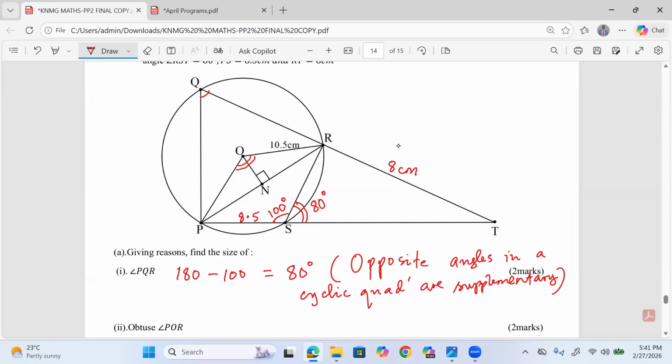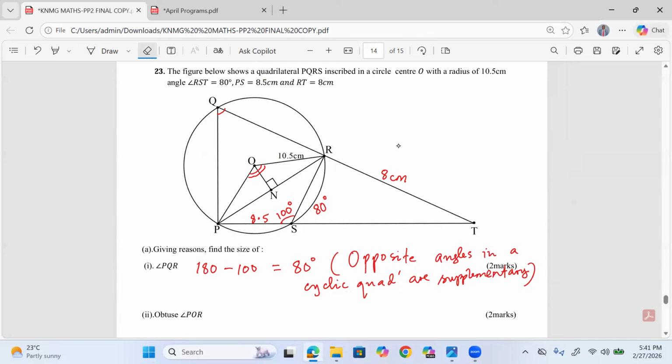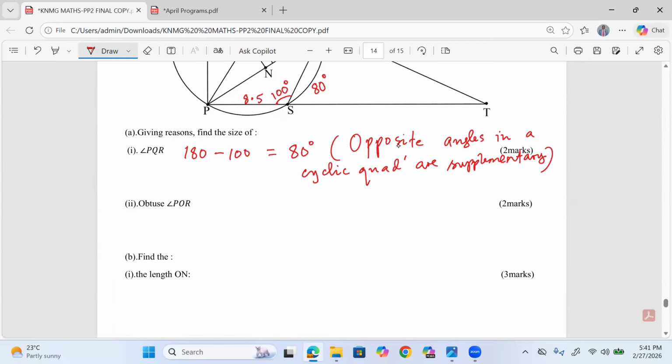We are not talking about the reflex, we are talking about the obtuse, so the inner one. So we say that the angle should be 80 times 2, which is 160 degrees.